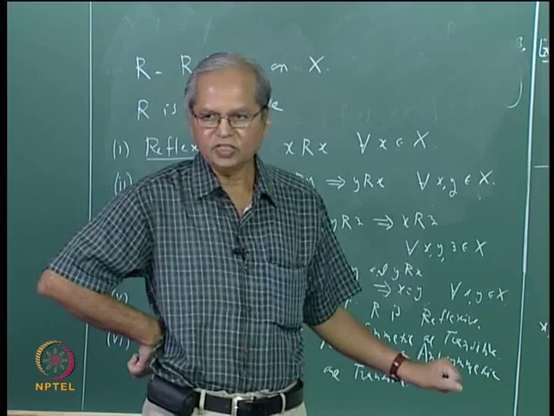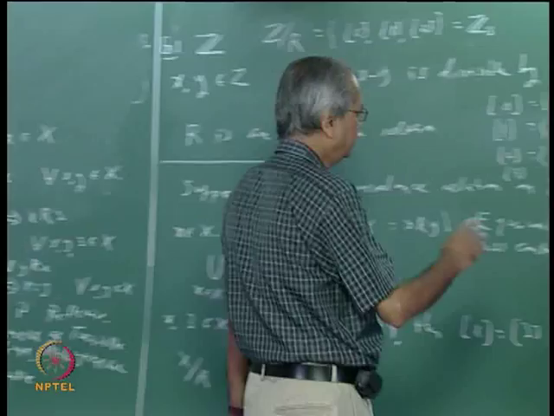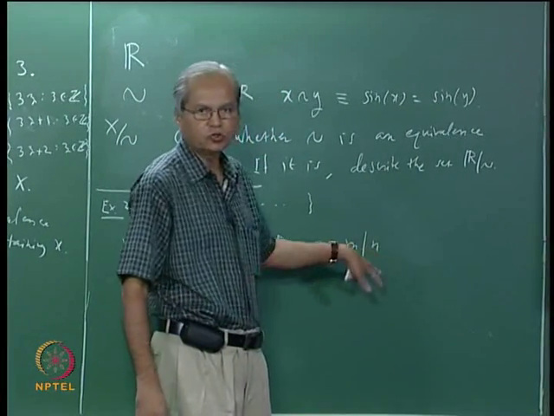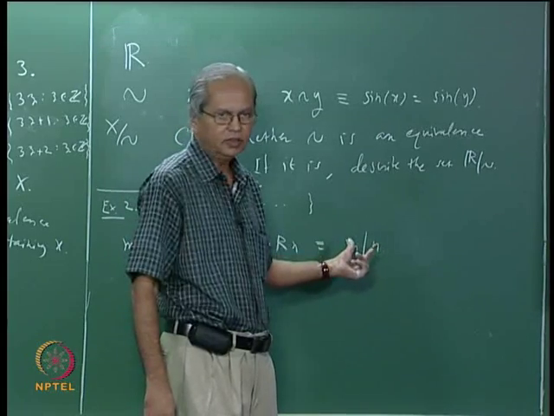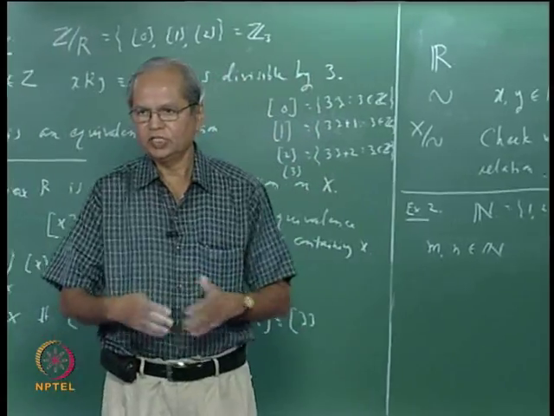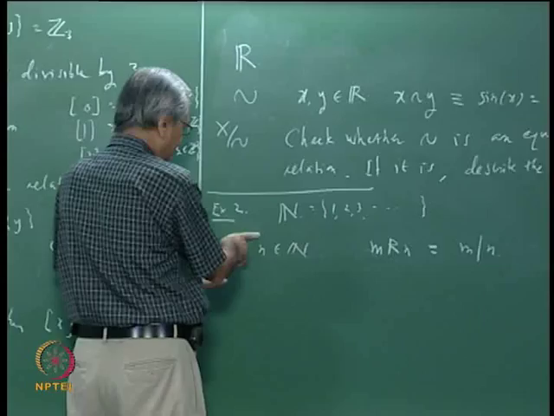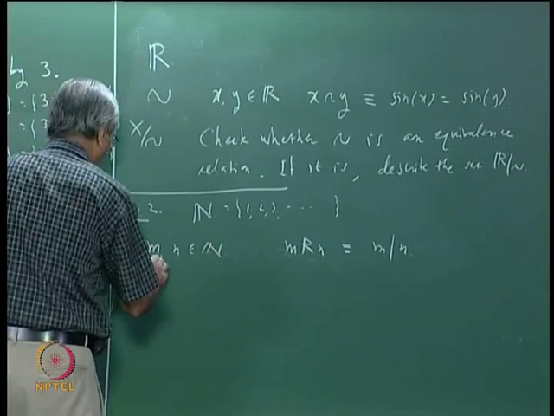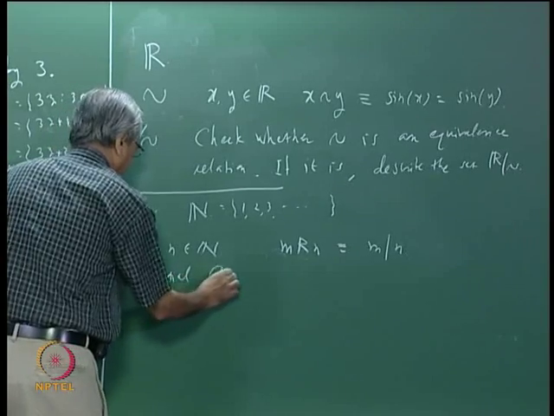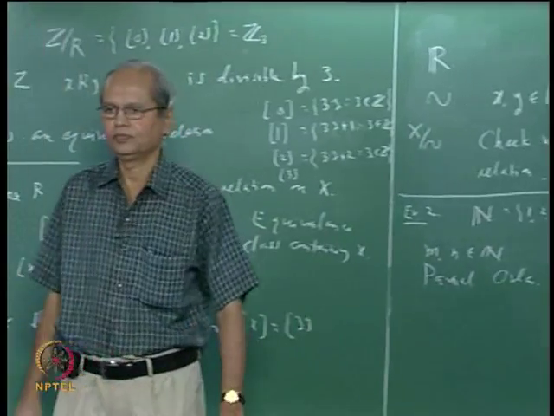Is it antisymmetric? If m divides n and n divides m, that is n is equal to some k times m and m is also equal to some t times n, then the only way this happens is that the number k must be 1, in which case m and n must be the same. So this is an example of what we have called a partial order.